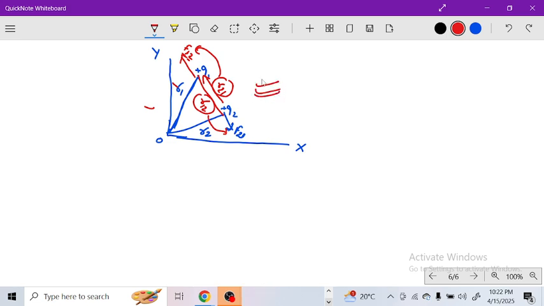Understood this figure, Kavya? Understood, sir.